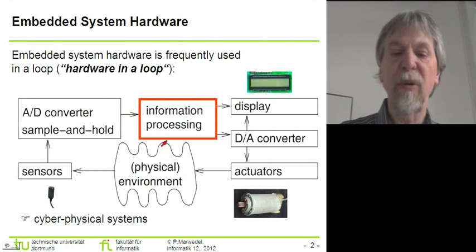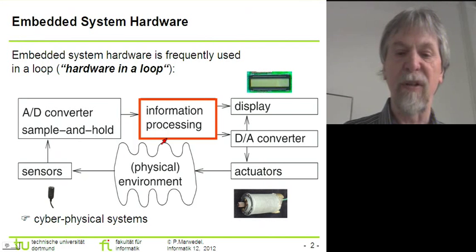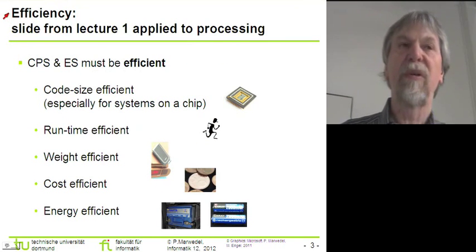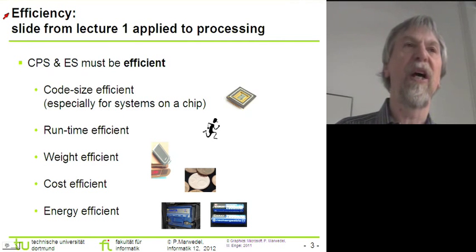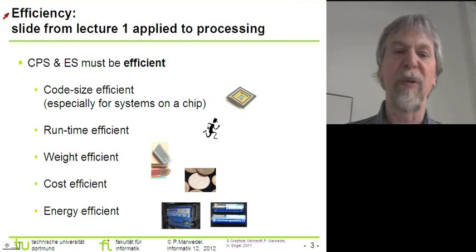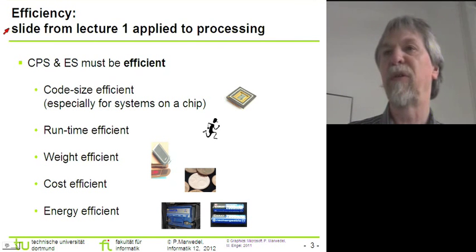So today, I will talk about information processing in embedded and cyber physical system hardware. With respect to embedded system hardware, we have requirements that are carried over from the general set of requirements for embedded and cyber physical systems, and therefore I have included one slide that I already showed in the very first lecture.